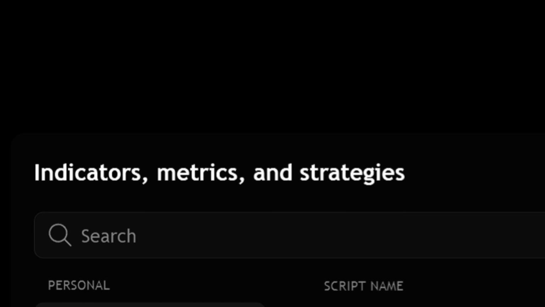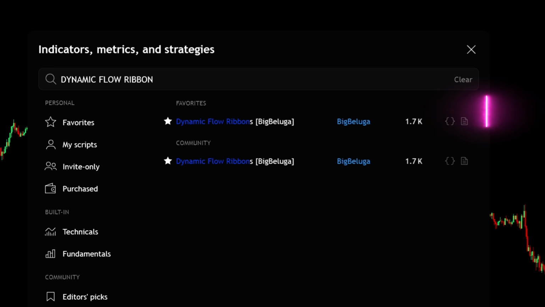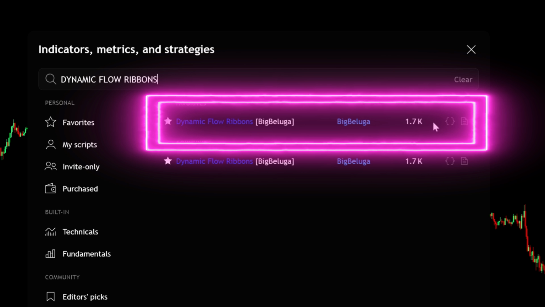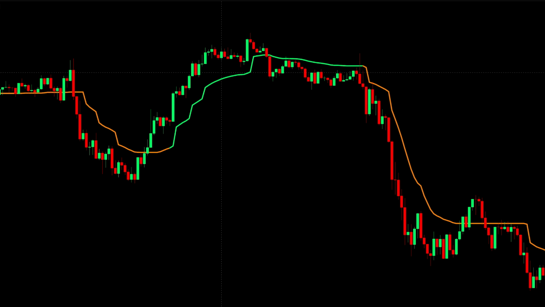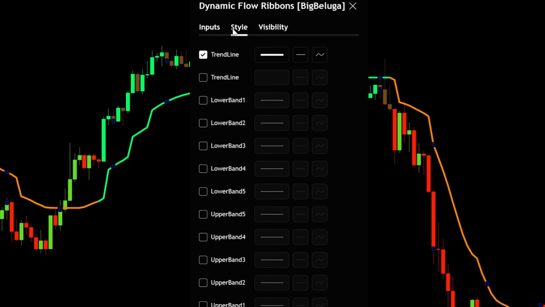So click on indicators, type in dynamic follow ribbon, and choose the one made by Big Beluga. Now open the settings. In the Style tab, turn on all the lower bands and all the upper bands options.